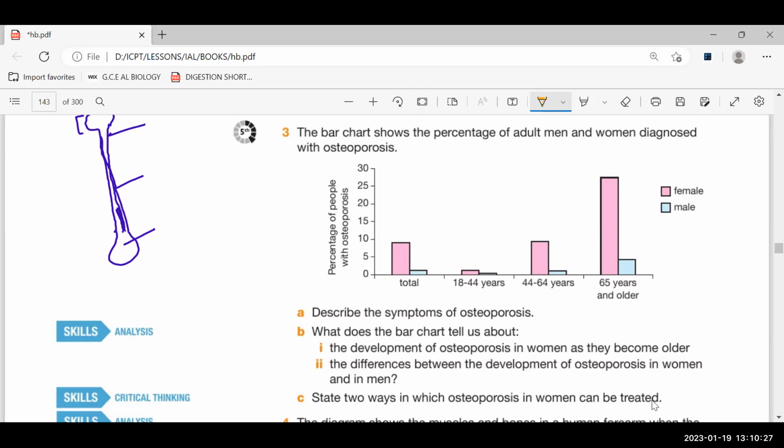When people get older, they can easily break bones with a small accident because their bones are not stronger. So if they have a very small accident, this is enough to break the bones. It's called a fracture of the bones. This is because the bones are not stronger.